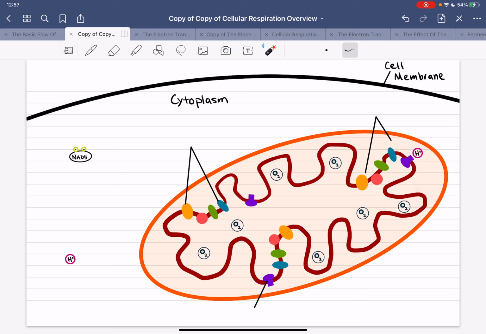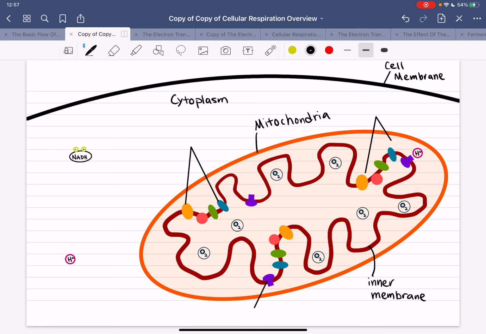What else? This whole organelle here is the mitochondria. Now again, this is somewhat of a review from our previous video so far. Let's label some more. In dark red, we have the inner membrane of the mitochondria.